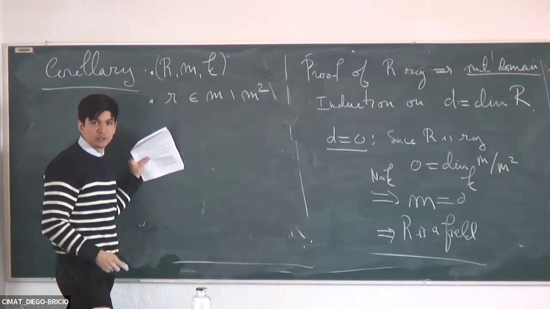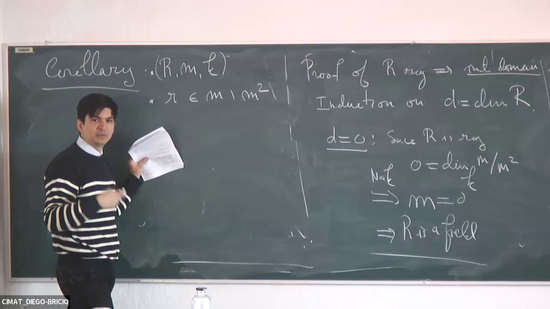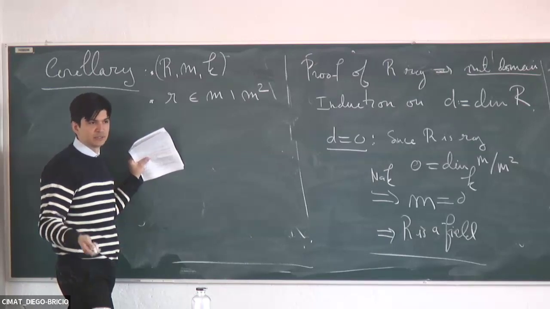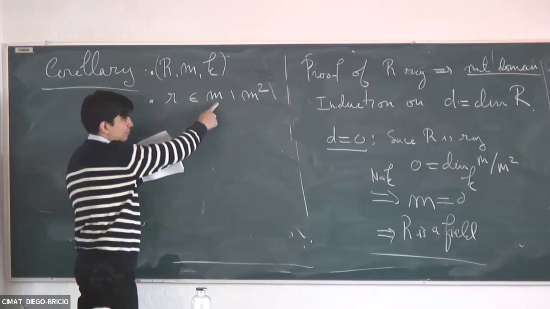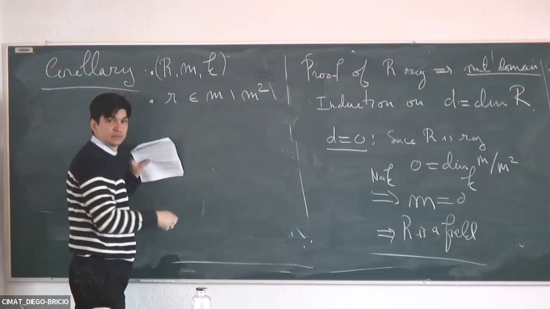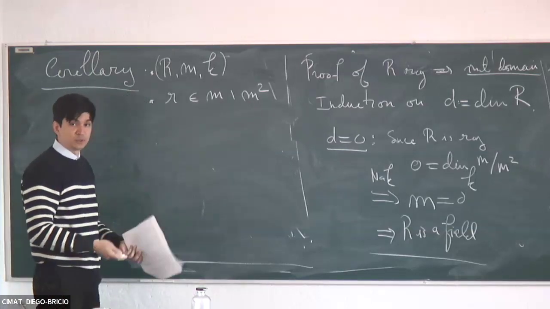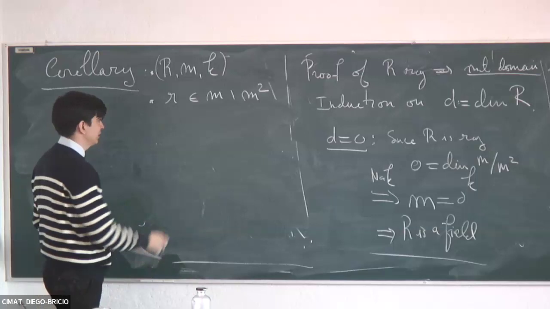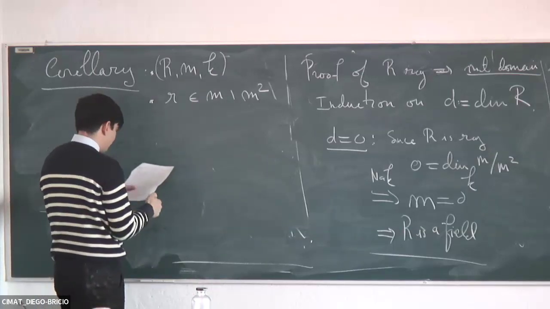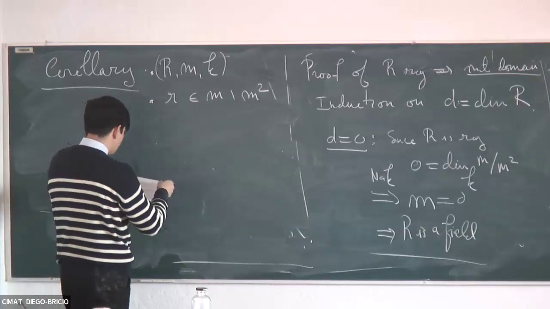This is just another way to say that R is part of a minimal set of generators for the maximal ideal. It is in M, but it's not in M squared. So it's part of a basis of M modulo M squared, a K basis. Nakayama's lemma tells you that it is part of a minimal set of generators.